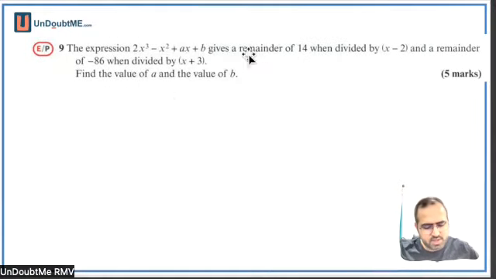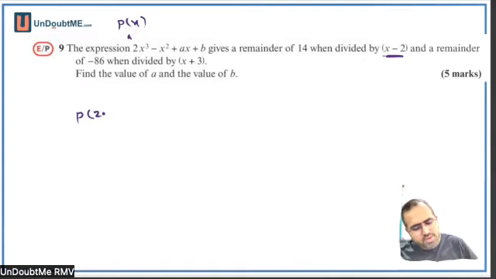The expression gives a remainder of 14 when divided by x minus 2. So if it is divided by x minus 2, it means that if this expression is, let's say, p(x), then p of 2 is actually equal to 14.